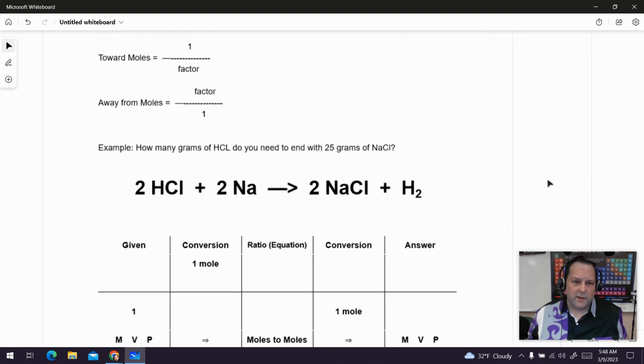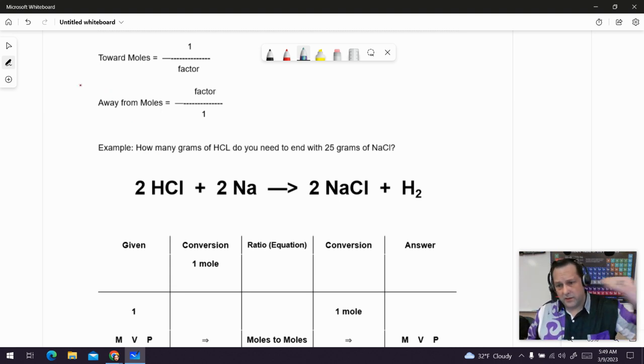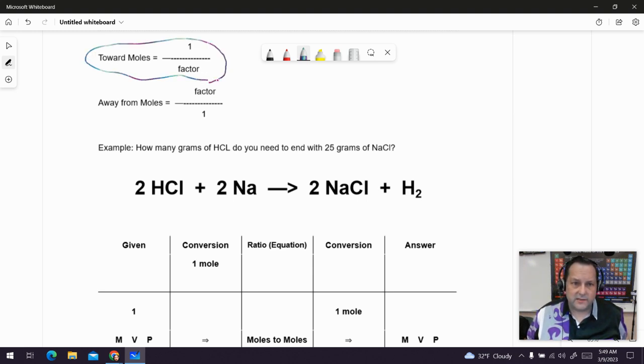So here's one of my first real gimmies for you, a real shortcut. If you're beginning the problem and you're going towards moles, your factors will always look like this.